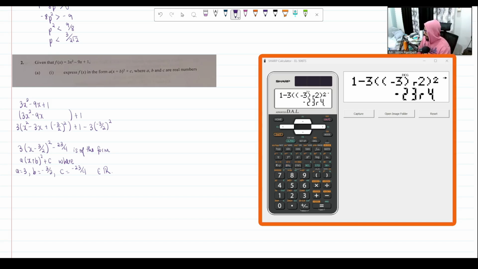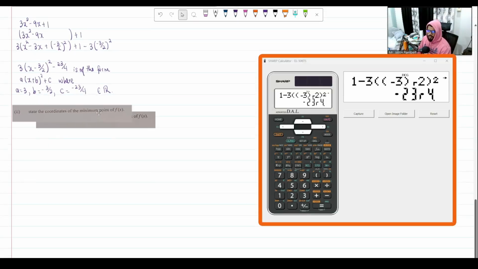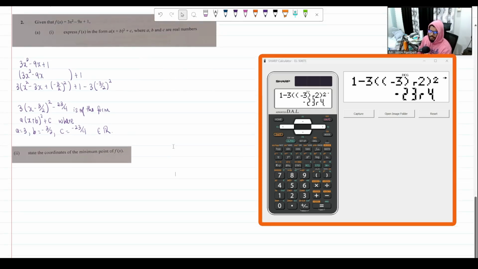Part 2, state the coordinates of the minimum point of f of x. They didn't say hence, right? So if you want, you could differentiate, but we already did a piece of working that will help us get the answer for part 2. So I will say that our minimum point of f of x occurs at minus h, k, but we do not have h and k.